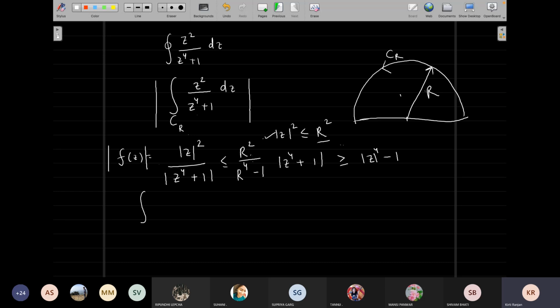When we take the integral over C_R of z square over z^4 plus 1 dz, we say that this is always less than or equal to R square over R^4 minus 1, times the integral over C_R of dz. What will this integral be less than? Since this portion is already bounded by R square over R^4 minus 1.